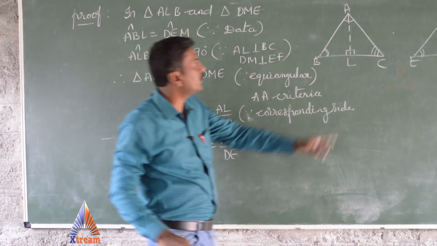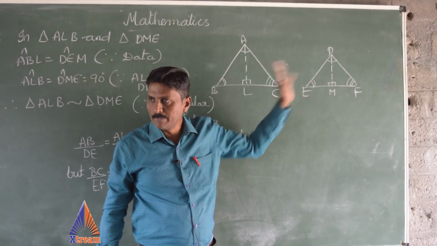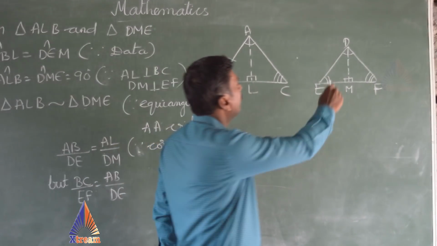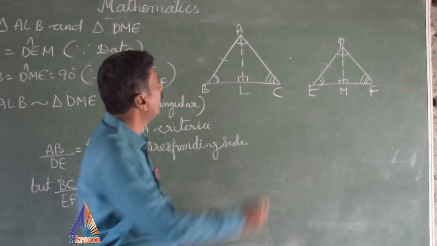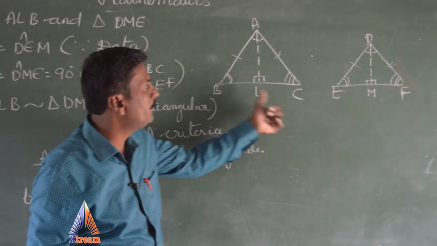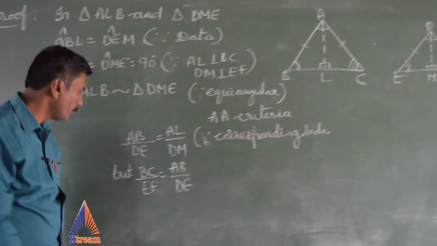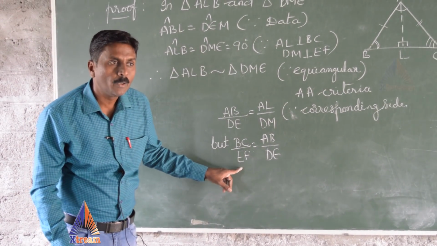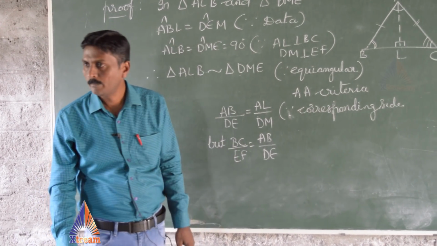In the beginning I told that these two are similar triangles. Side AB is proportional to DE, and side AC is proportional to DF, and BC to EF. So AB by DE is equal to BC by EF.